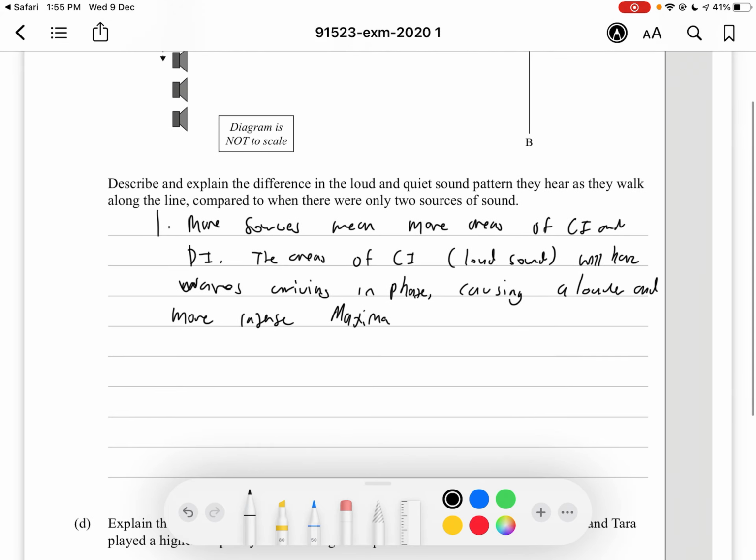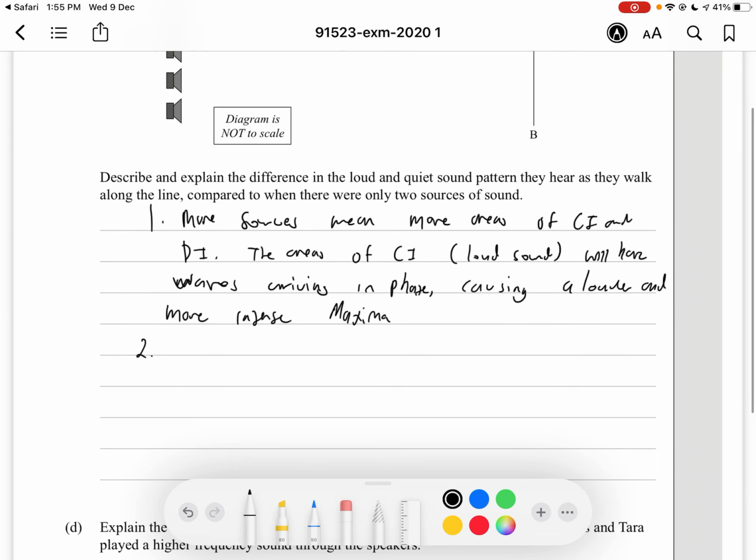That's our first difference. Our second difference is that waves arrive fully in phase. So waves arrive fully in phase from all sources.